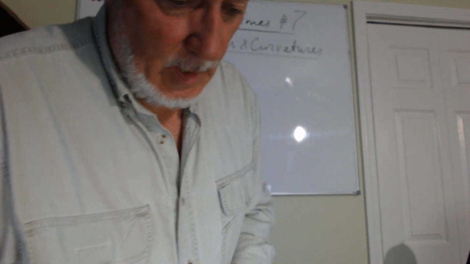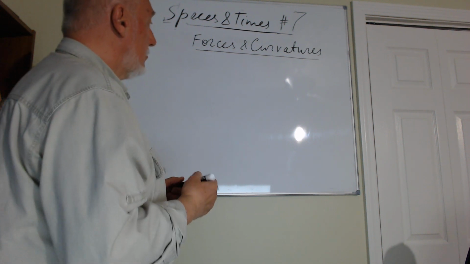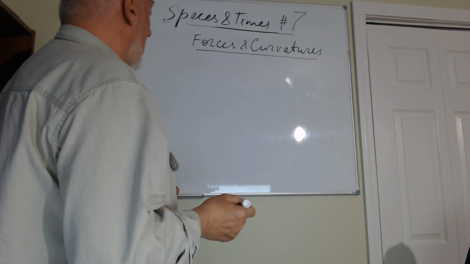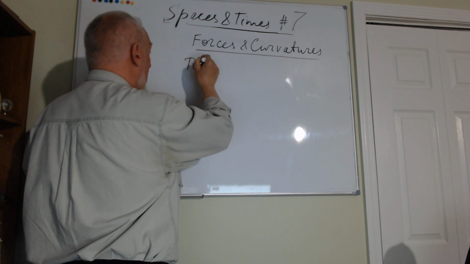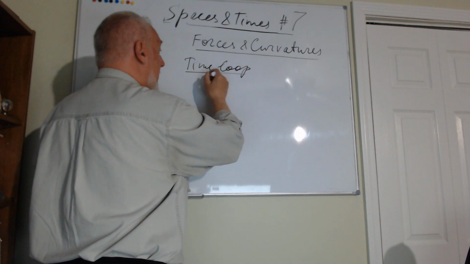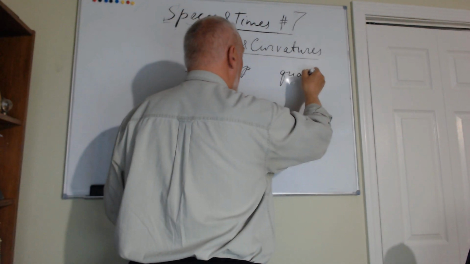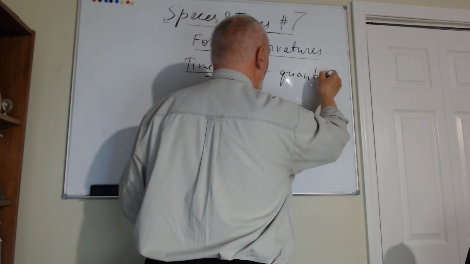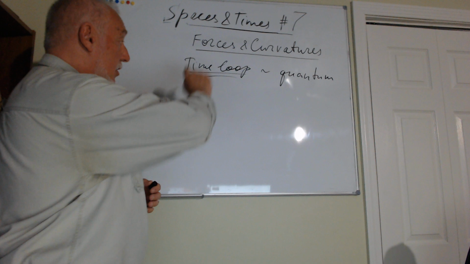Okay. So first of all, let's talk about this time loop. Remember that a quantum is actually a loop in time, so it's a circle.